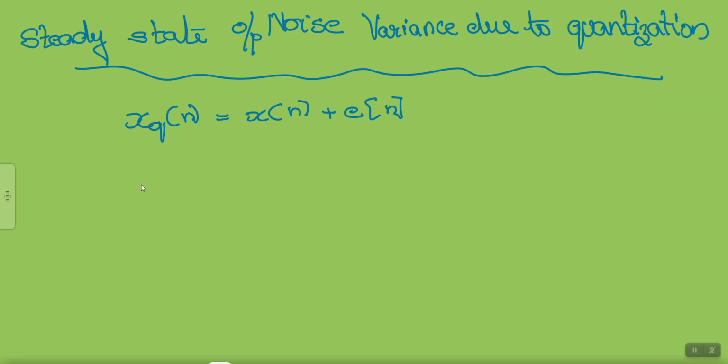Since we take the output, y dash of n can be represented as xq of n convolved with my filter function h of n.